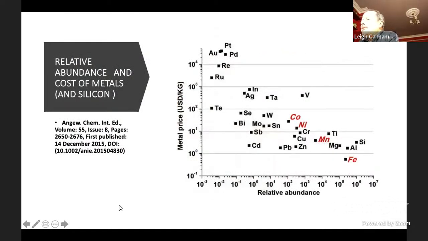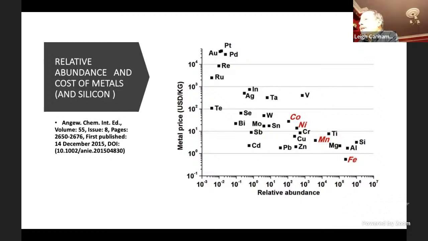So if we look at the abundance and the cost, I'm going to focus on silicon. So silicon is on here. We see that clearly carbon is extremely abundant and extremely inexpensive.